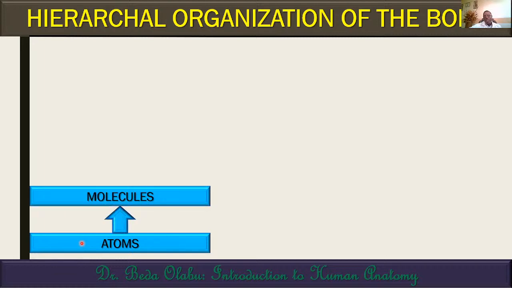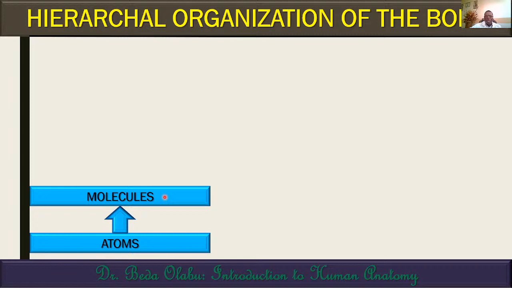When atoms combine, they form molecules. Again, in your definition of molecules from high school, you may have said that molecules are the smallest unit of an element or compound that exists on its own.